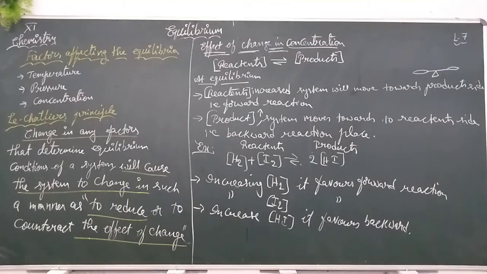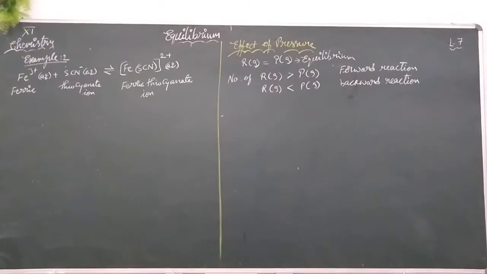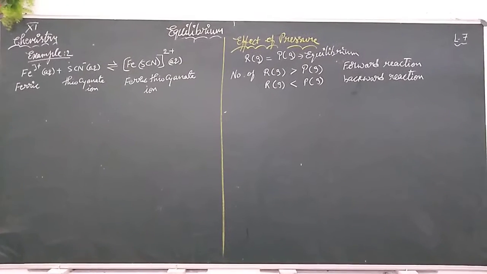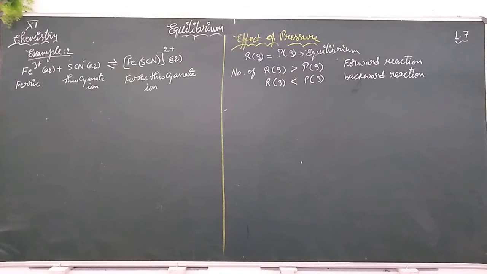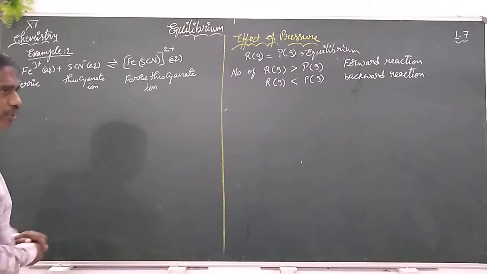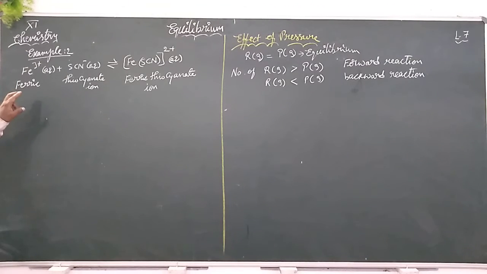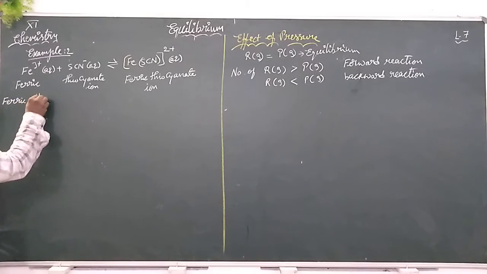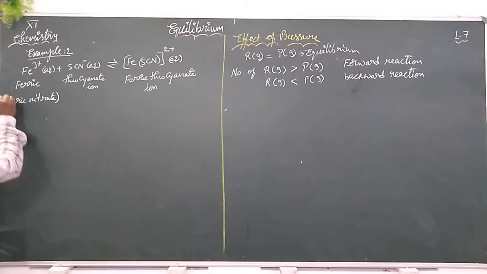Let's go down. We will take one more example regarding the concentration. Let us see example number 2. What is example number 2? We want some Fe3+ ions. Actually these Fe3+ ions are brought from ferric nitrate.